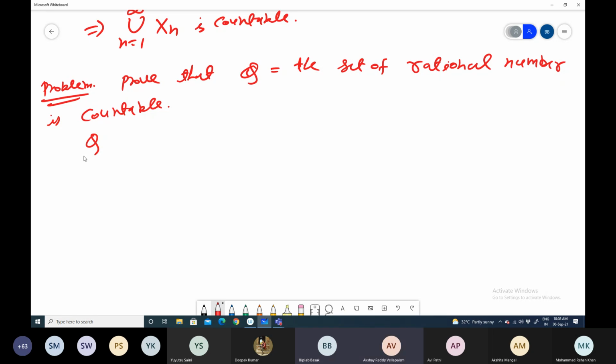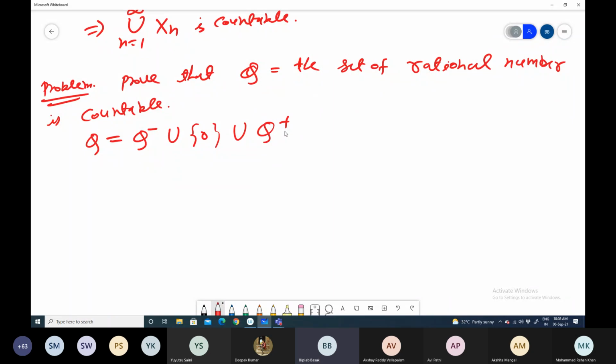Oh, okay, sir. Then we can do it like this. The concept is fine, so we will do it in a similar way, but we will give two different proofs. First of all, we can write Q equal to Q minus union 0 union Q plus, three sets.